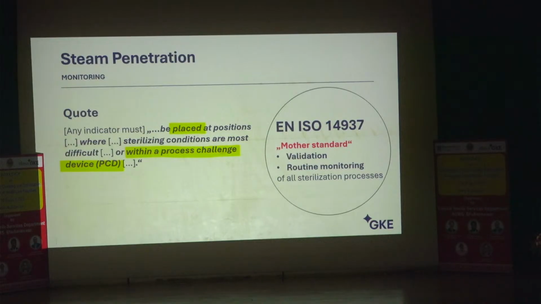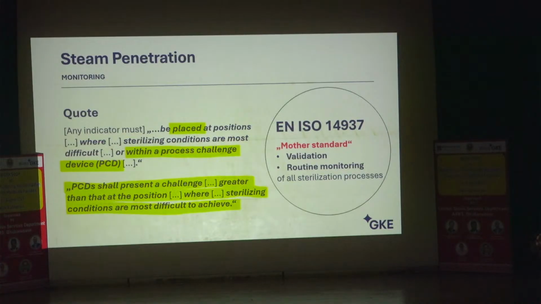Not just in a package or in the chamber, but at the most difficult position or in a PCD. Now the second quote: PCDs shall present a challenge greater than that at the position where sterilizing is the most difficult.